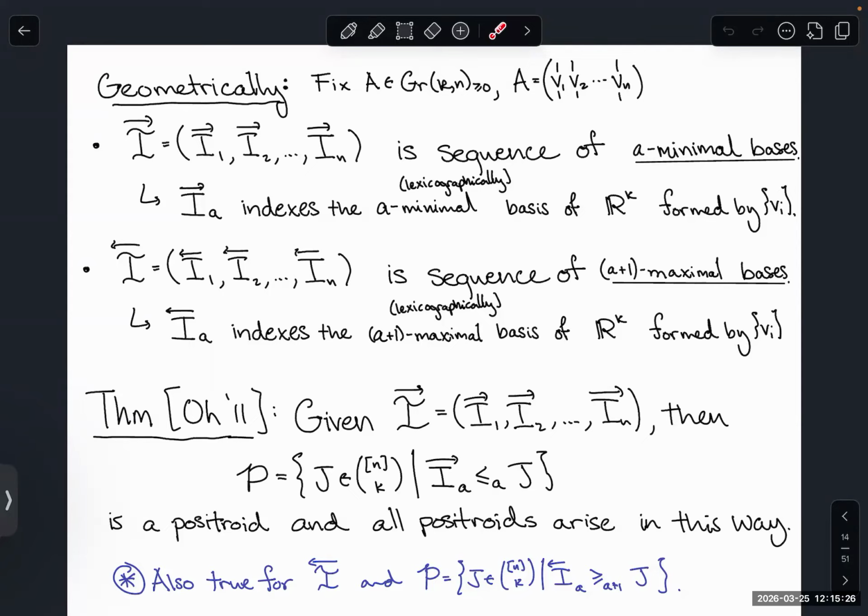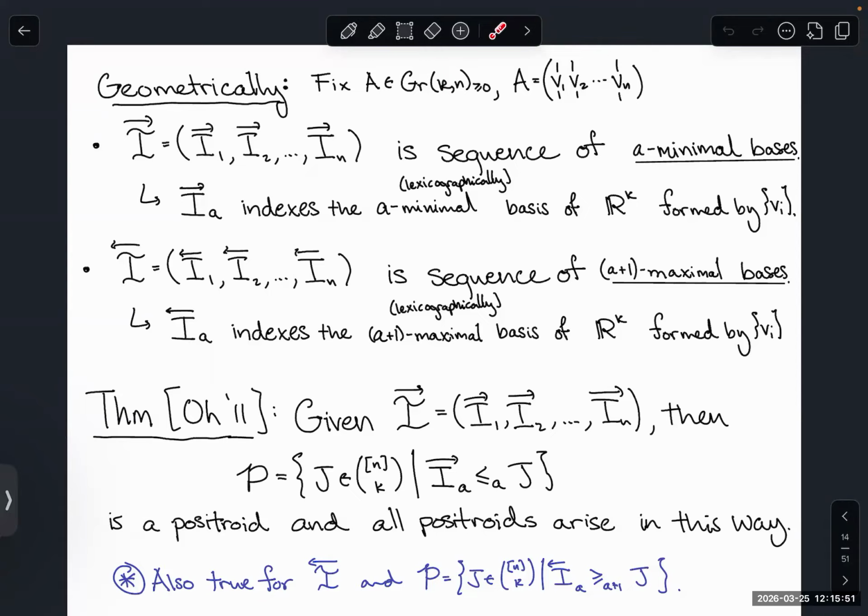That means that the A-th Grassmann necklace term indexes the A-minimal basis of R^k formed by the column vectors v_i. Similarly, the reverse Grassmann necklace is a sequence of A+1 maximal bases. The A-th reverse Grassmann necklace term indexes our A+1 maximal basis of R^k formed by the column vectors v_i.